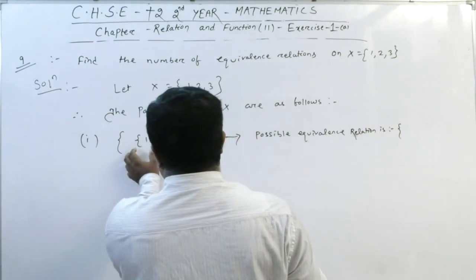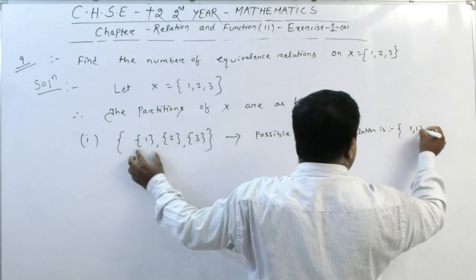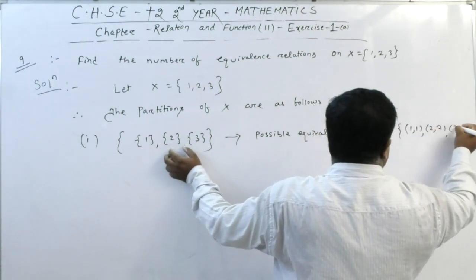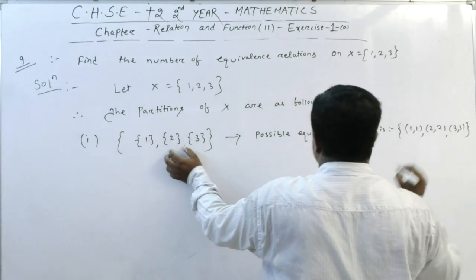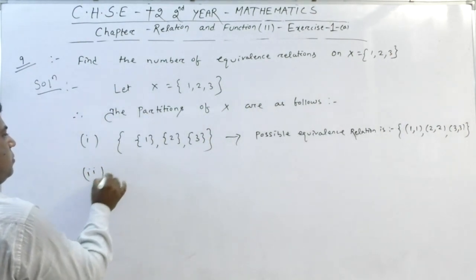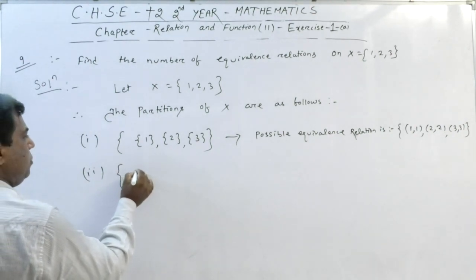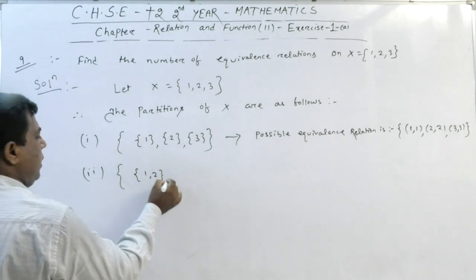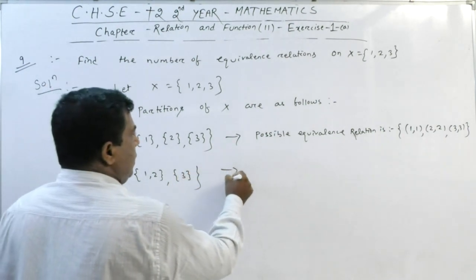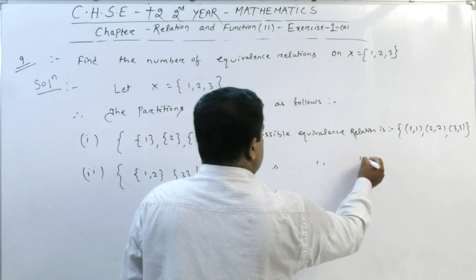What you have to do? We have to make the cross product. So (1,1), and if you make the cross product, what you get? (2,2), then (3,3). Okay, then how to do the next partition? Suppose we keep {1, 2} and we keep {3}. So the possible equivalence relation is in this way.